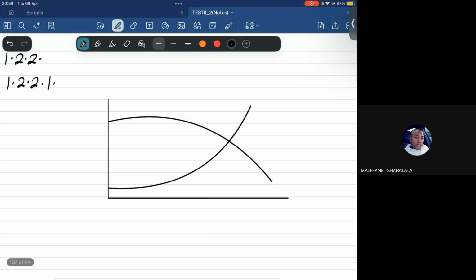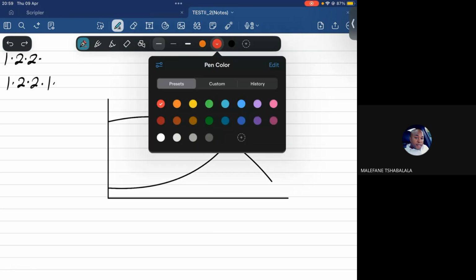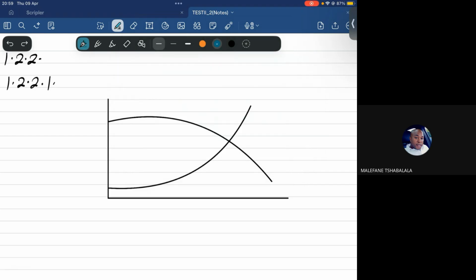Meaning we must multiply the readings of the characteristic curve of the first pump by 2, meaning that our graph will look like this. Since here they're saying I must use blue, our graph will now look something like this.